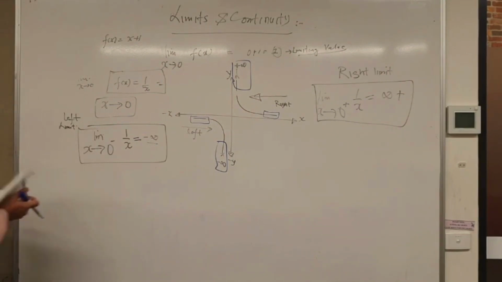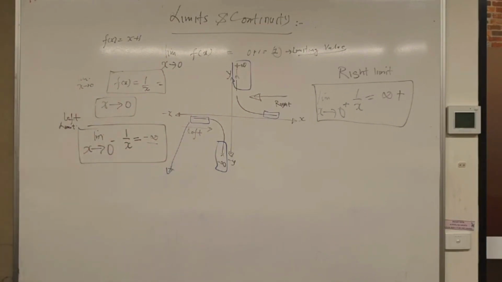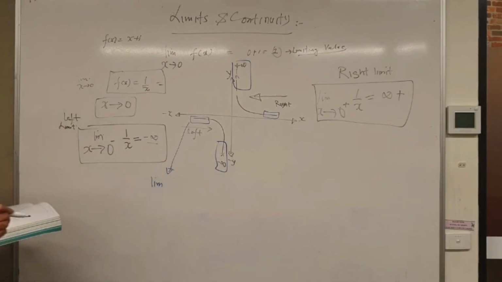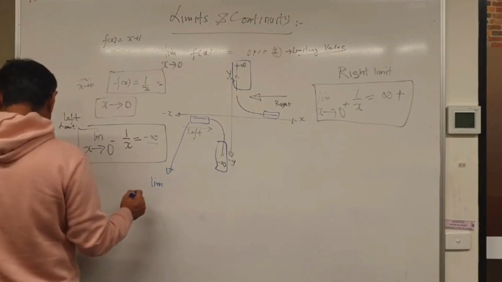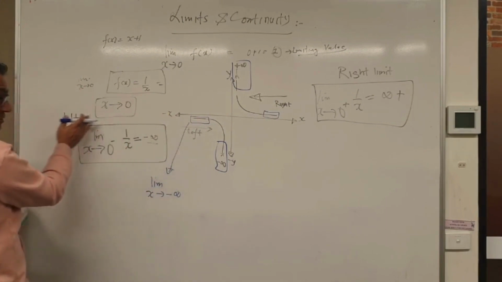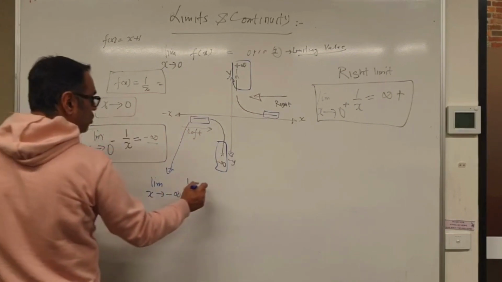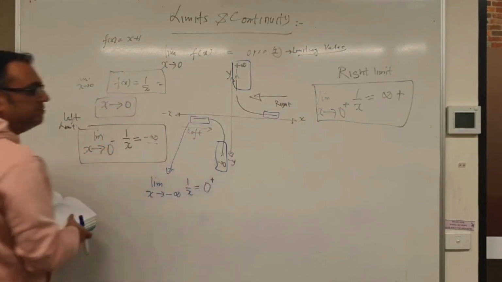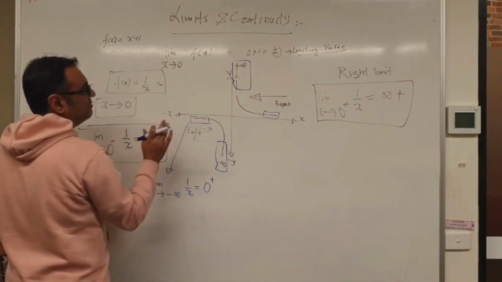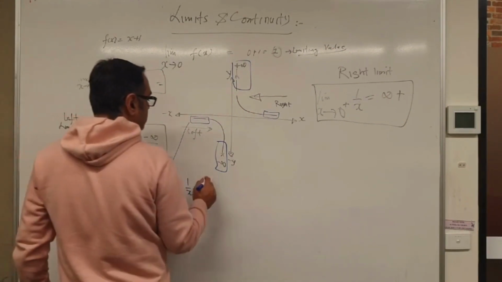Let's write the limit for this one. Can I say, limit x tends to negative infinity, 1 over x, or my f of x, tends to 0 positive. Sorry, 0 negative, my bad.